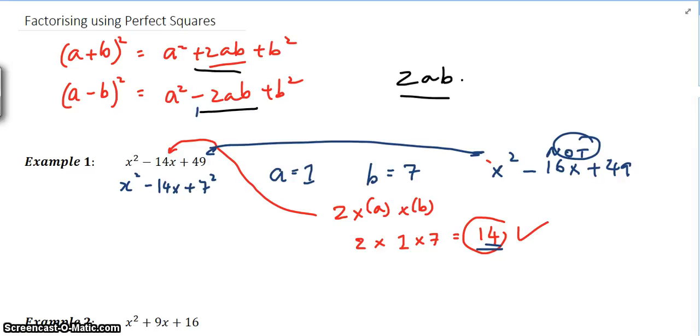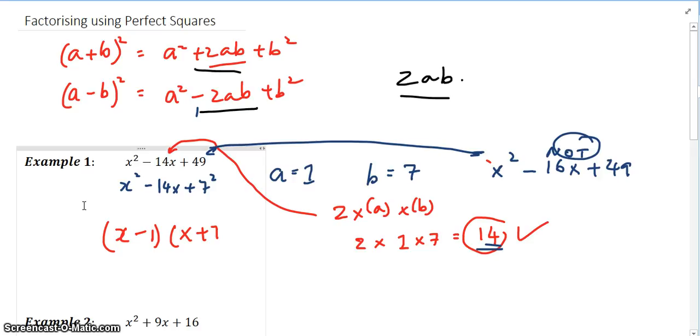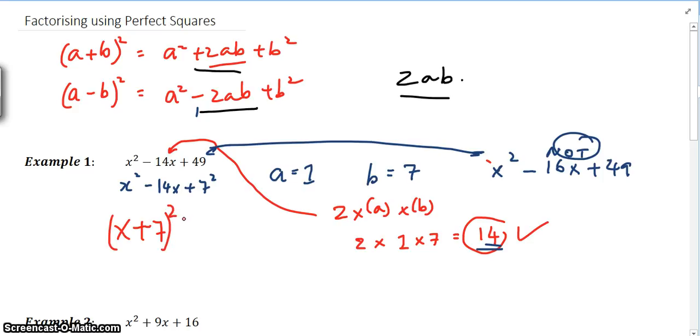Going back to the original, it reduces down to (x minus 7) squared.